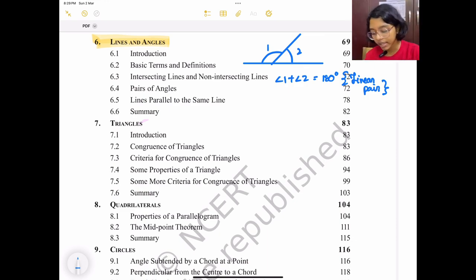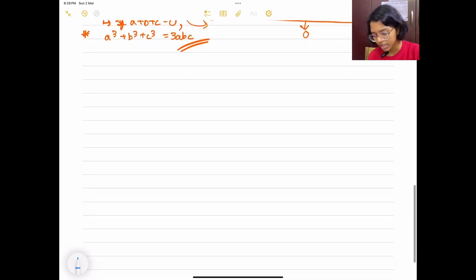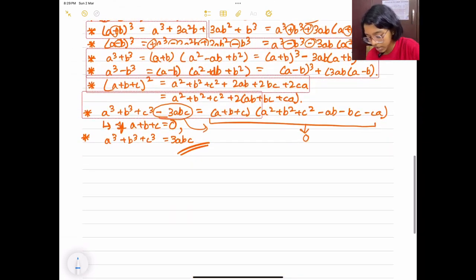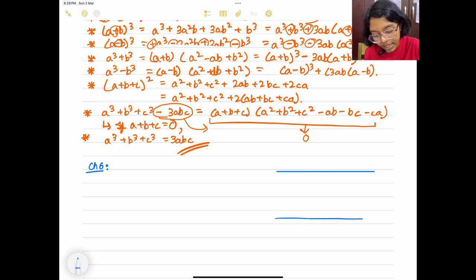Now, there is another thing I want to tell you in lines and angles, Chapter 6. For example, you're given two parallel lines, one parallel line and another parallel line, and they are cut by a transversal. This is what we have studied in 8th grade as well.